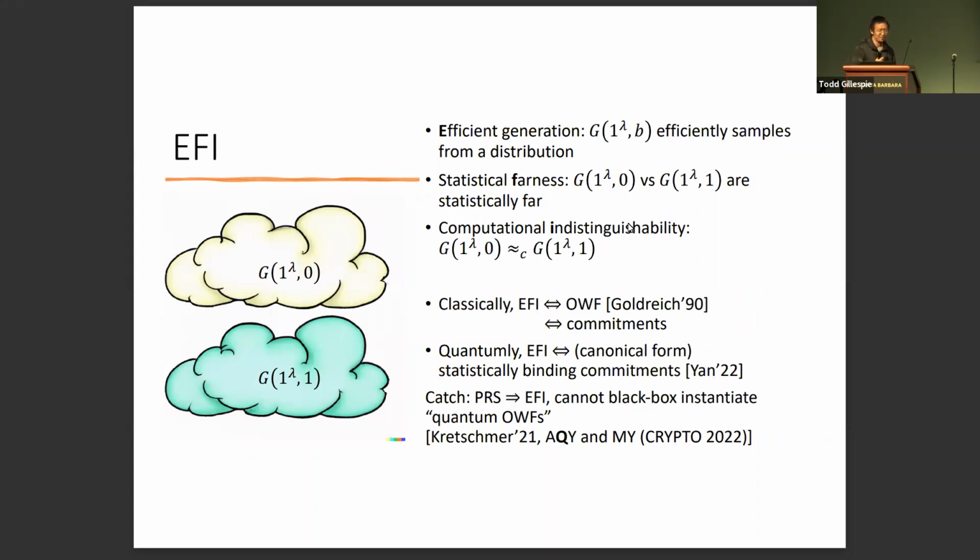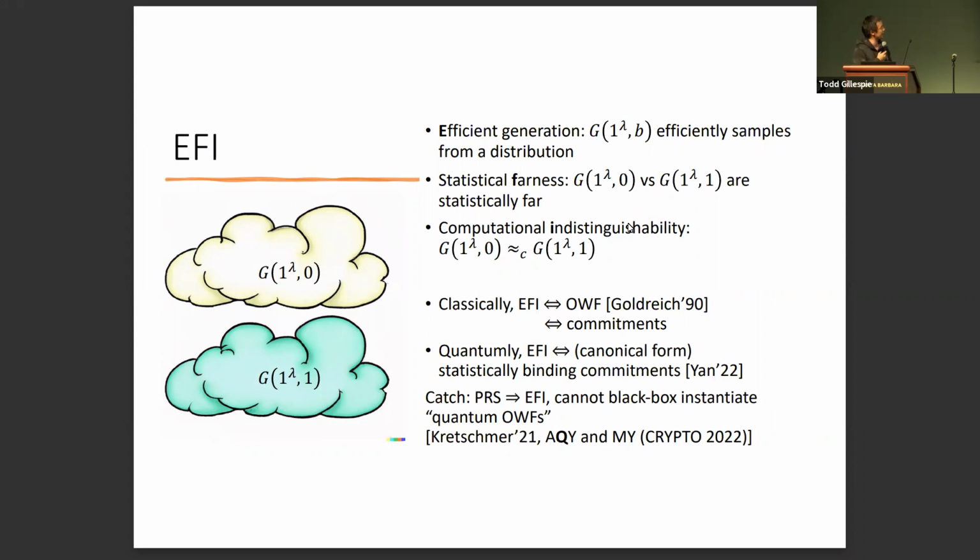So EFI, this is the quantum hardness that we consider. What is it? Well, let's first think of what it is classically. Classically, it's basically just two distributions generated efficiently by two BPP algorithms.